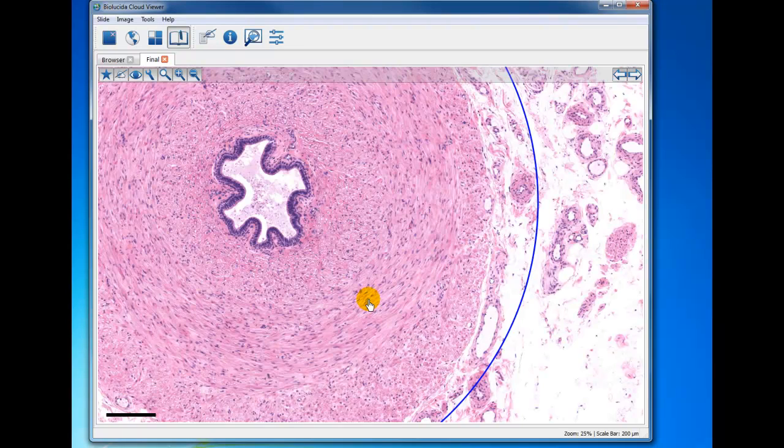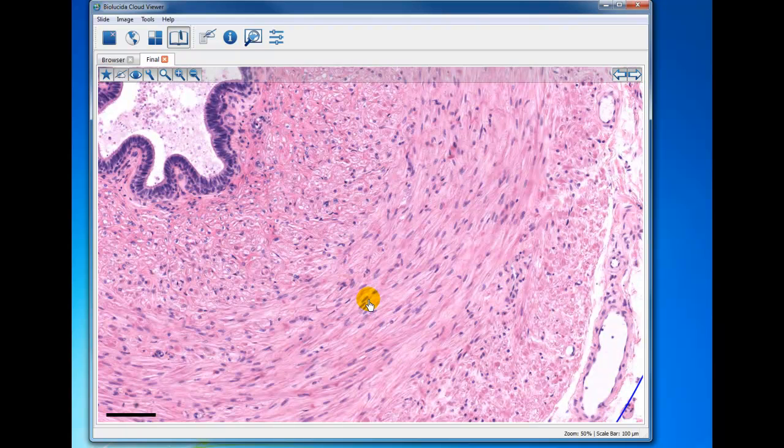If I increase the magnification, I can clearly see that those are smooth muscle cells. I see them cut in cross-section here, and in longitudinal profile here, and in cross-section here. So there are 3 layers of smooth muscle cells, and I know that's present at some point in the ureter as well as the vas deferens.